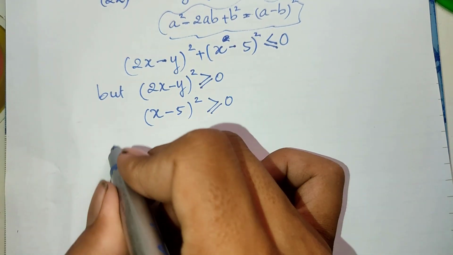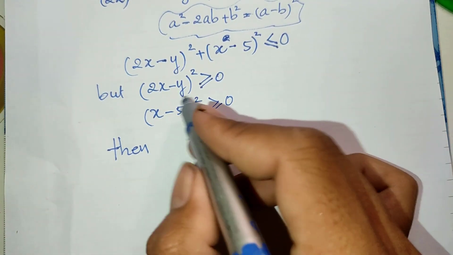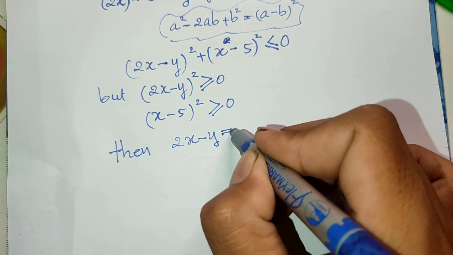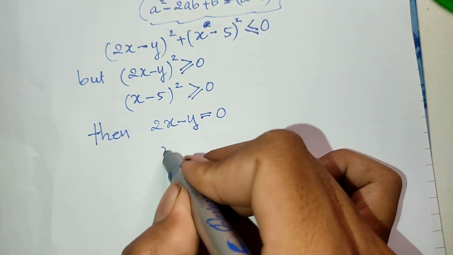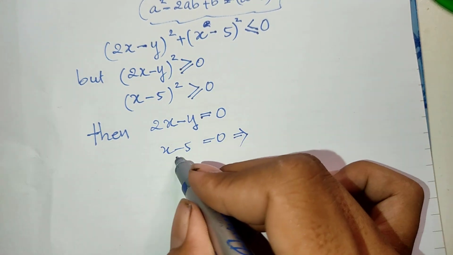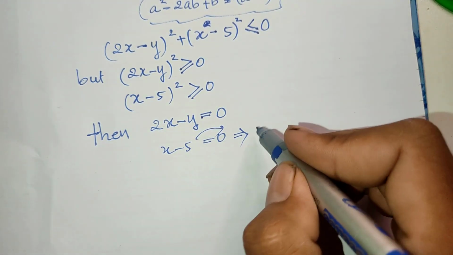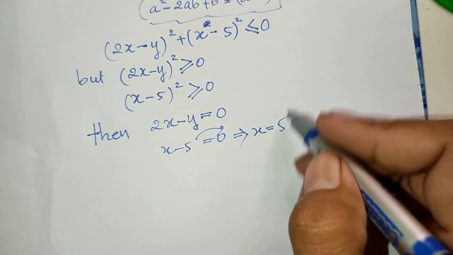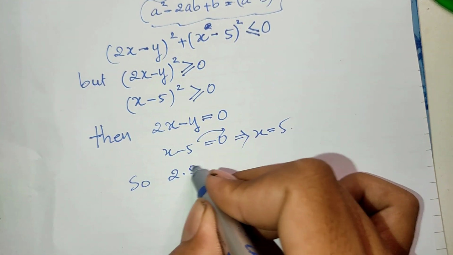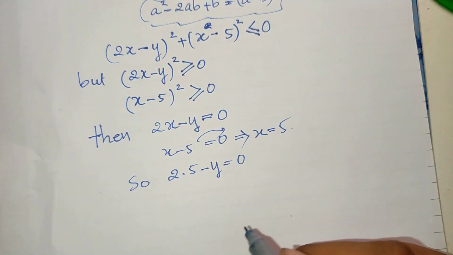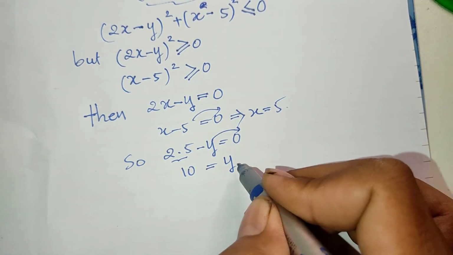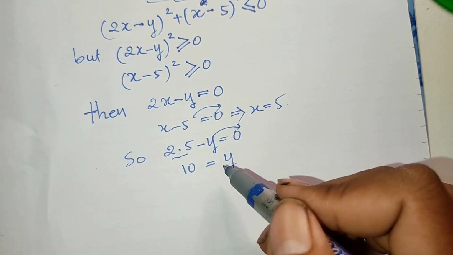And so we get 2x minus y equals 0 and x minus 5 equals 0, and we get the value of x equals 5. Now we replace x by 5 in 2x minus y equals 0, so we get 10 minus y equals 0, and so y equals 10. So now we get the values of x and y.